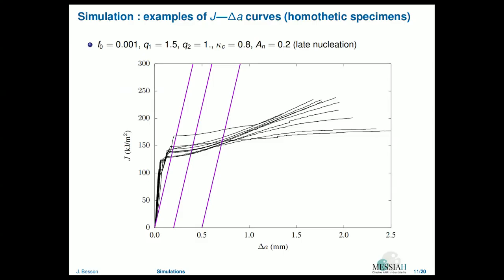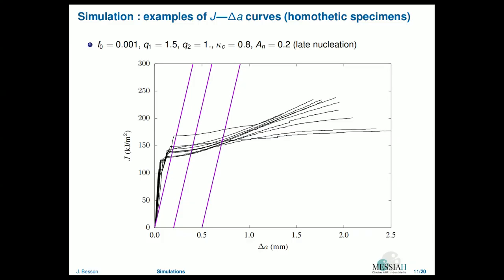The way we determine the J delta A curves is we consider the simulations as tests and run the same routine for processing experimental data and processing these simulations. Okay, so here's an example for a homothetic specimen. You don't see much scatter.